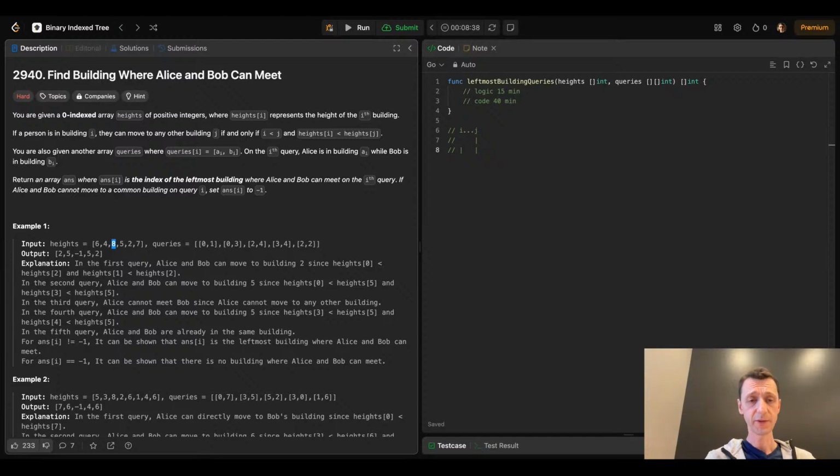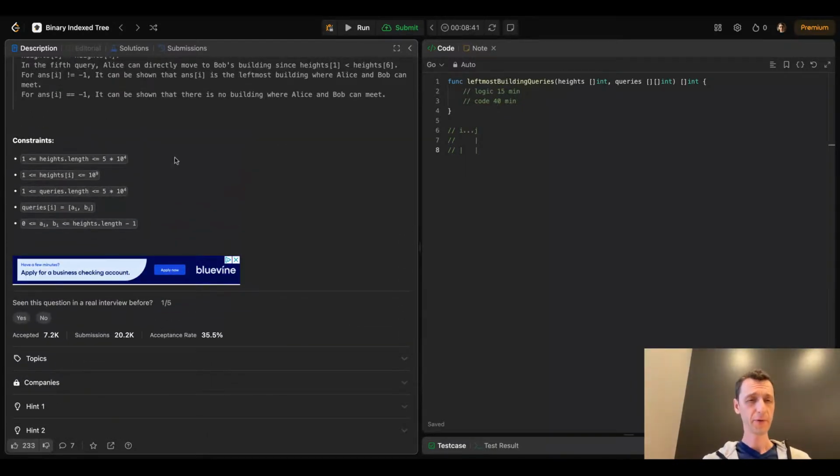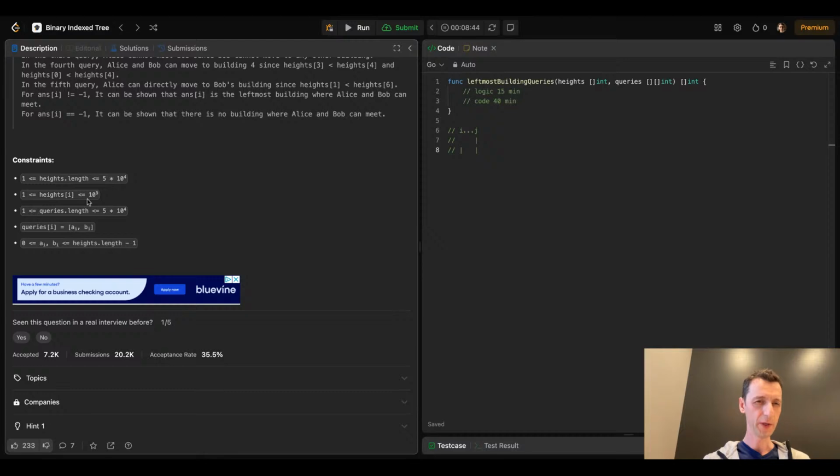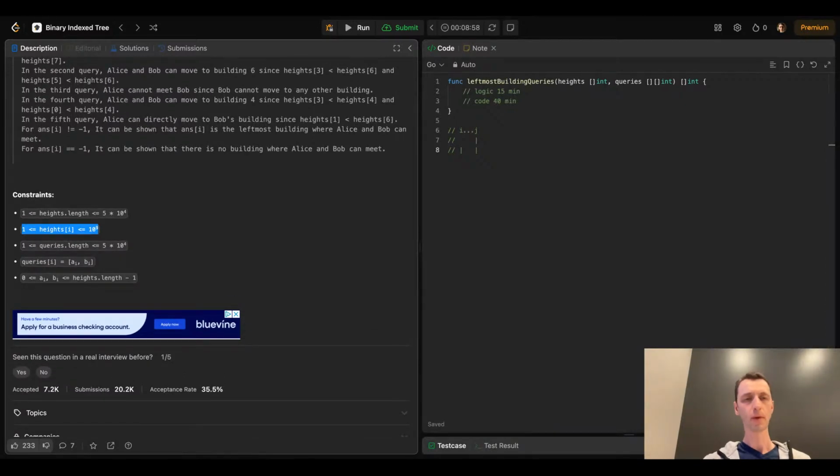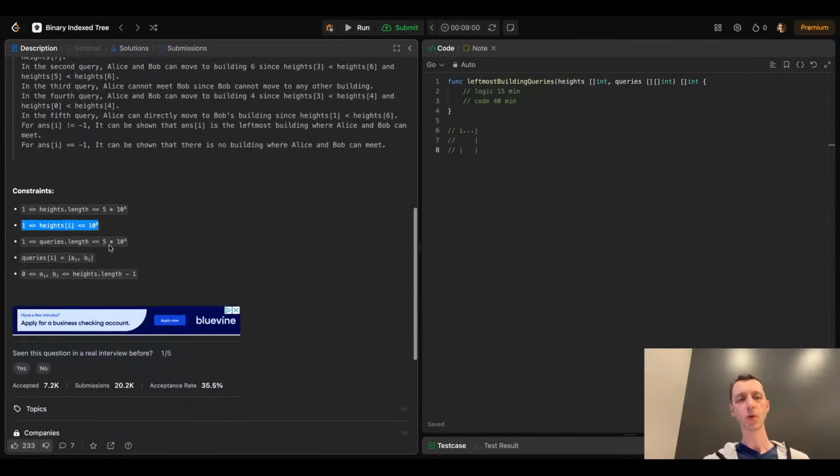Okay, so let's think about a brute force solution. To figure out what the brute force would be, we need to know how long the heights array is. The height values go up to 10 to the power of 9. And queries is 10 to the power of 4 multiplied by 5. Oh no, heights is also 10 to the power of 4. Okay, what does that mean?